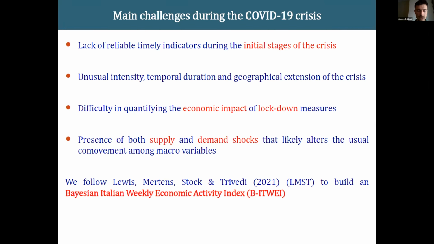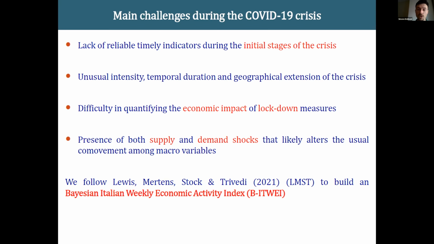So inspired by their work, we initially built a classical equivalent based on classical statistics, classical PCA, called ETWEI. And now in this presentation, I'm adding the B, the Bayesian, since we think, with the other co-authors, that Bayesian shrinkage can help in shaping the signal of economic activity even better.